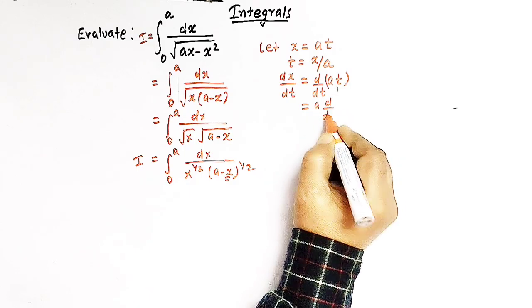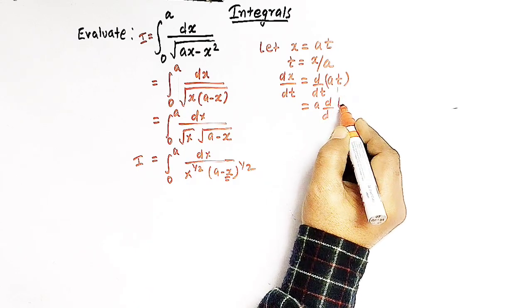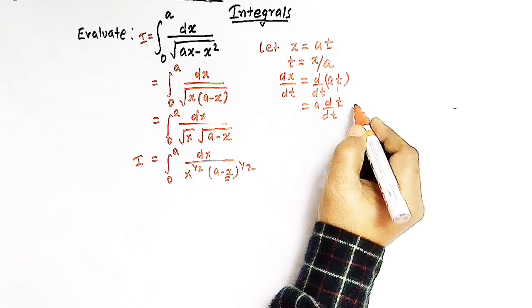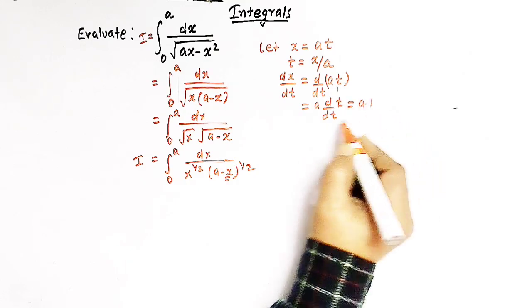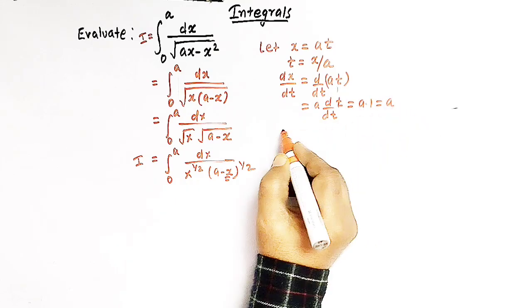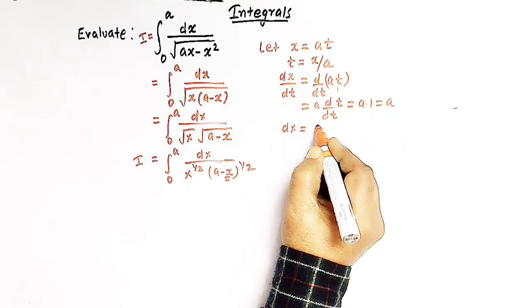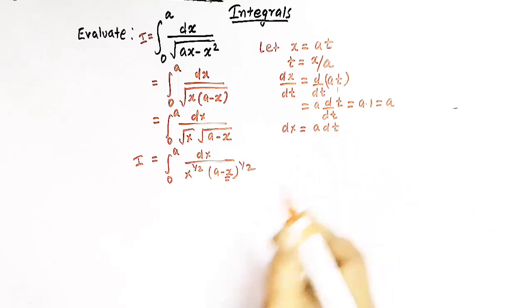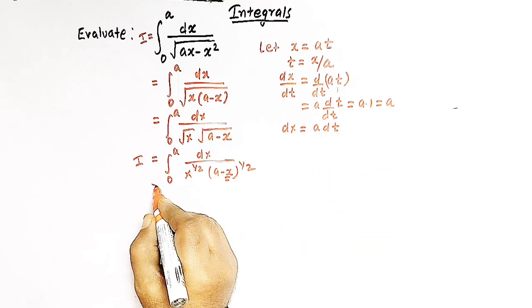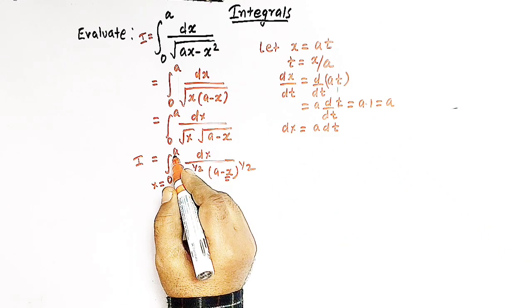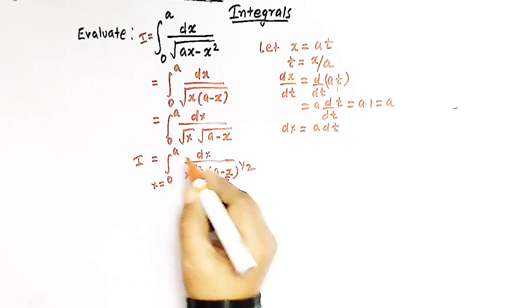So we have a times the derivative of t with respect to t, that is a times 1, that is a. So we can now write dx is equal to a times dt.